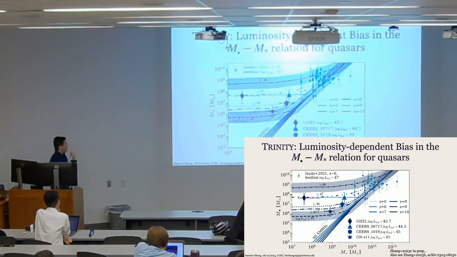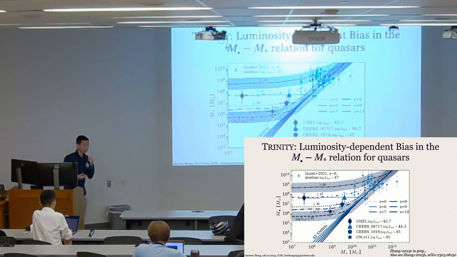So with all these uncertainties accounted for, I think these predictions are still broadly consistent with what we see in real observations, although the observed black holes here do seem to be a bit more massive compared to what we expected.